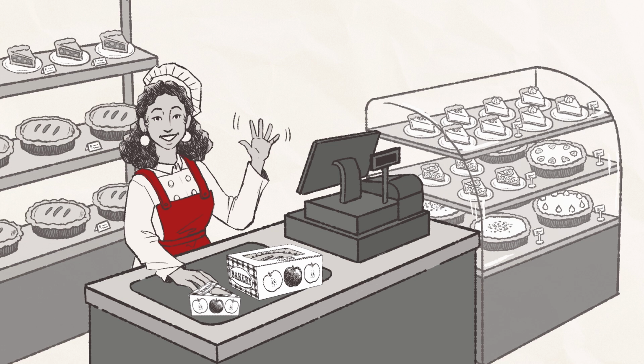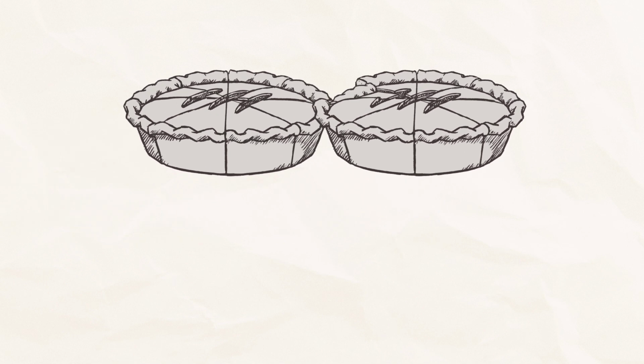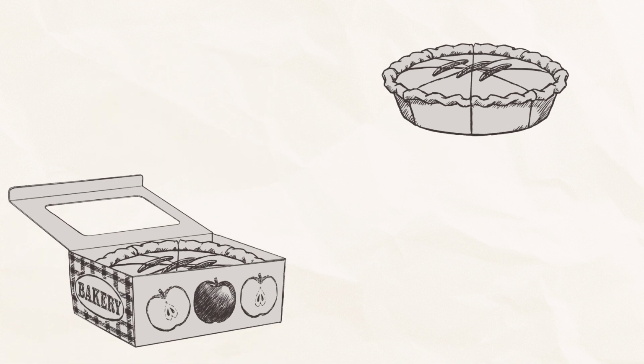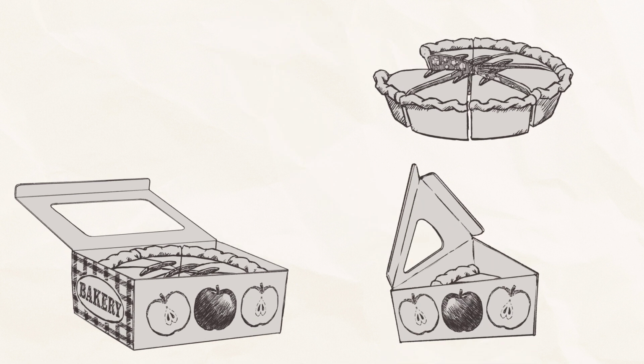There's a bakery stall at the local market that specializes in pies. When a fresh pie comes out of the oven, it gets sliced into 8 pieces. Some of the pies are sold as whole pies. Once they are sliced, all 8 pieces go into a pie box. Other pies are separated, and each slice is put into its own individual box.